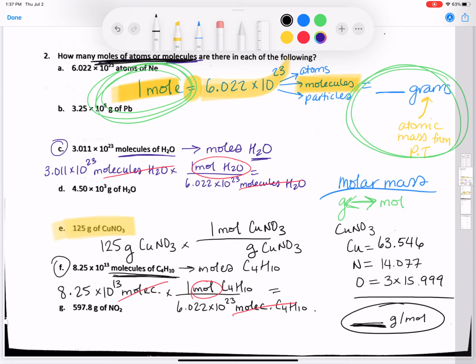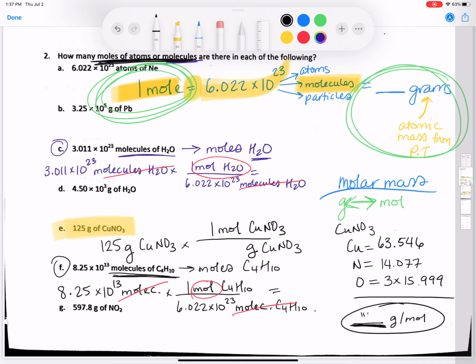What you're going to do is multiply 3 times 15.99, add it to 14.077, and then add that to 63.546. You should get an answer that's very close to 126.